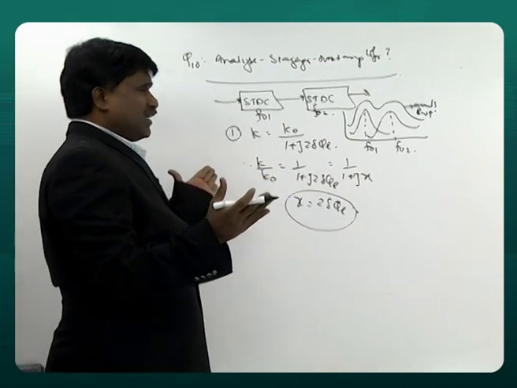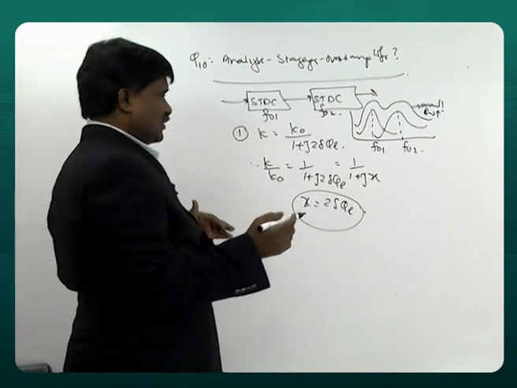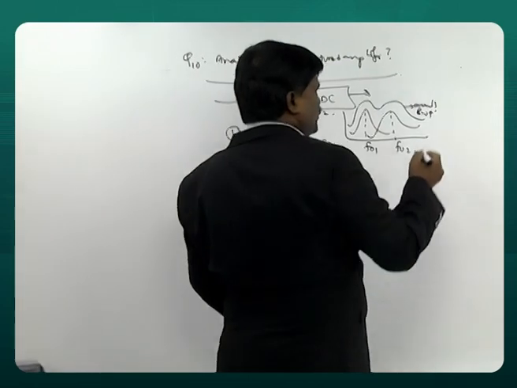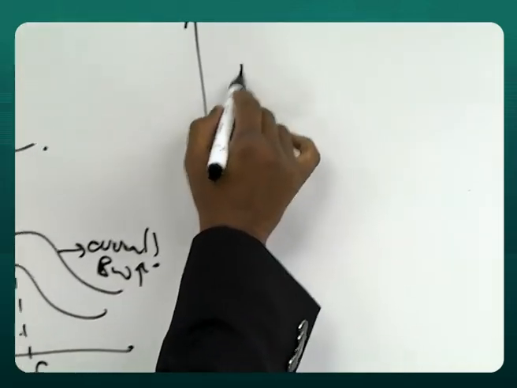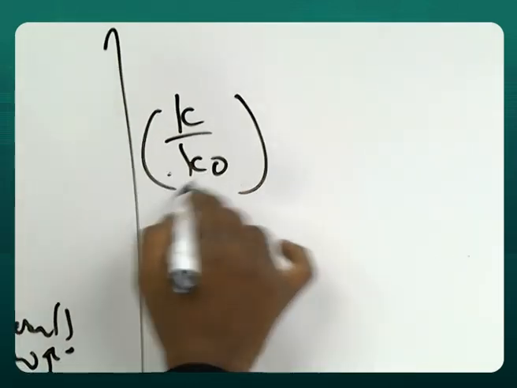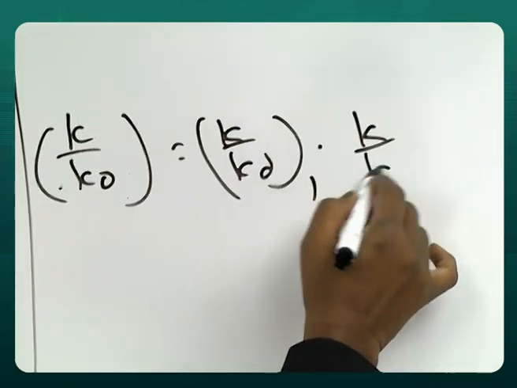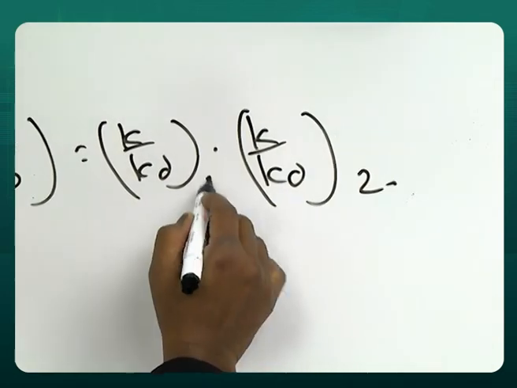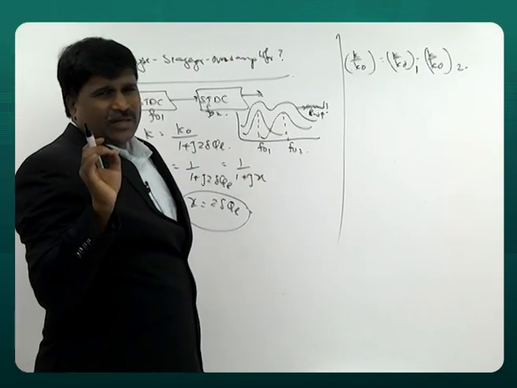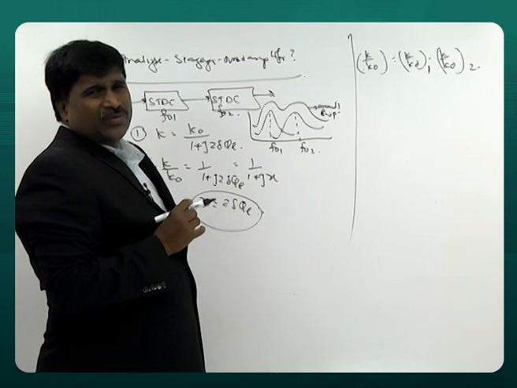Two single tune things like I taught in the previous one. That's why you do that. Then overall gain K by K0 is K by K0 of the first one into K by K0 of the second one.